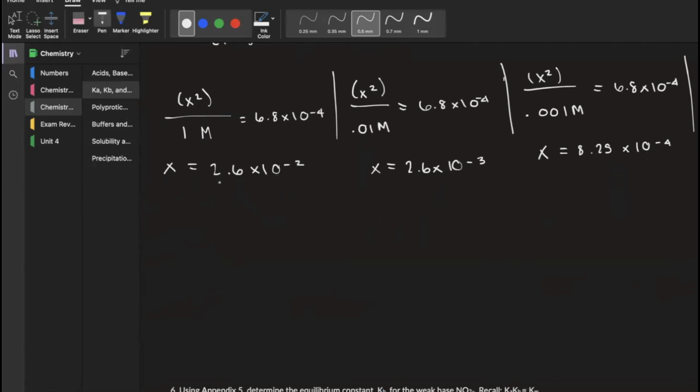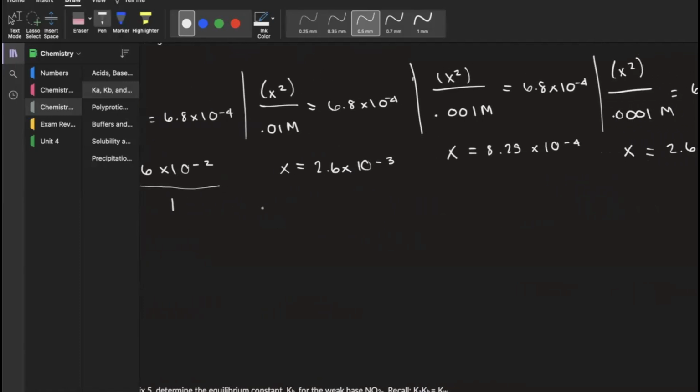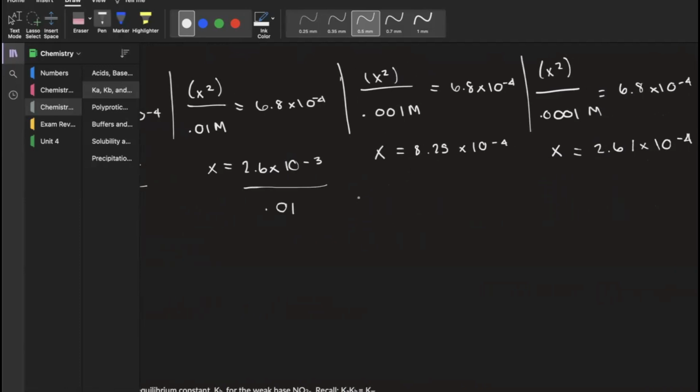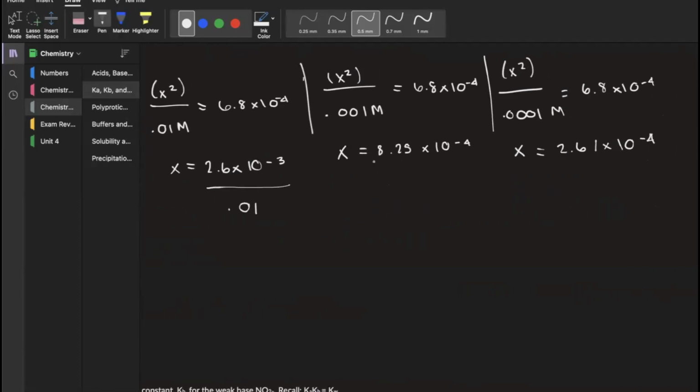So in this case, we're going to divide this number by 1. In the second case, we're going to divide this number by 0.01. In the third, by 0.001. And in the fourth, by 0.0001.